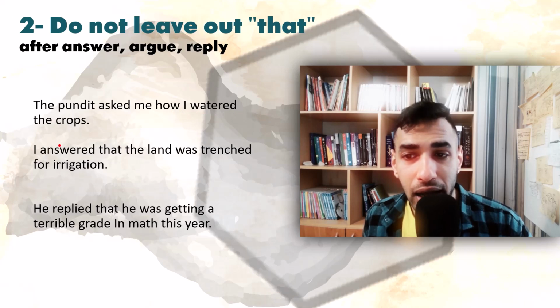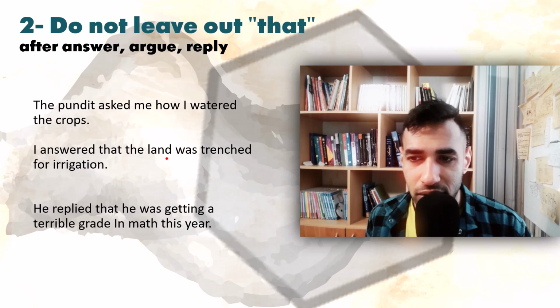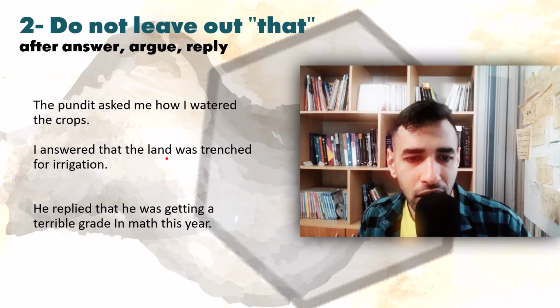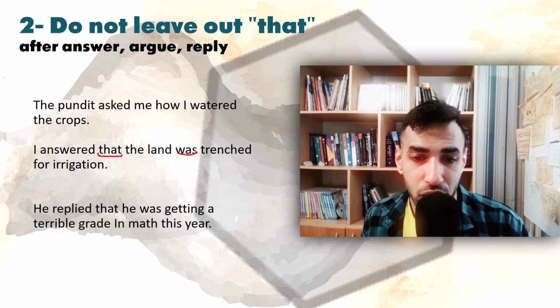I answered that the land was trenched for irrigation. Well, irrigation means supplying water to land to help the crops grow. I answered that the land was trenched. I answered that is necessary here, and the tense choice is correct.